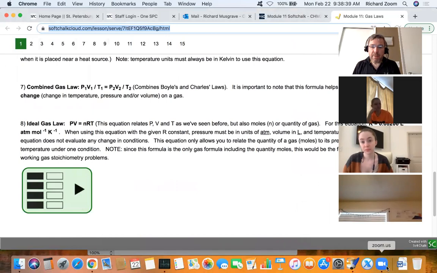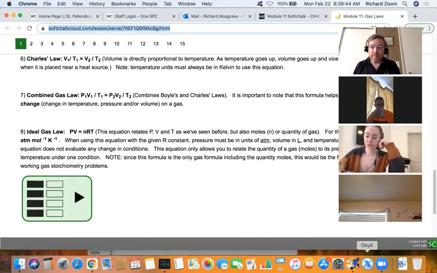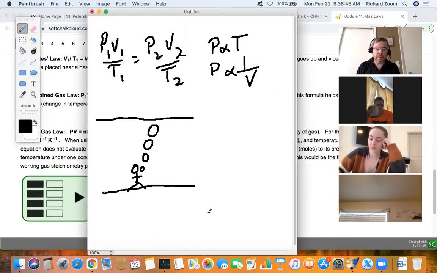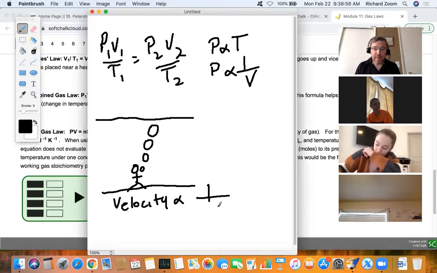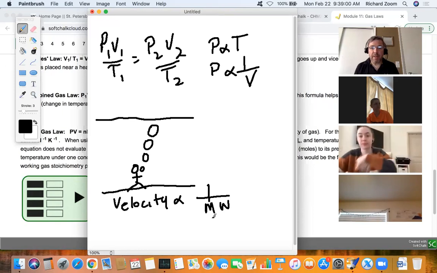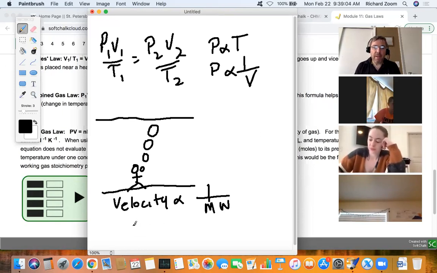The other thing that's important here is the relationship between velocity and molecular weight. There's an inverse relationship between velocity and molecular mass or molecular weight of an atom. So what I'm saying here is that the bigger the atom, the slower it moves.